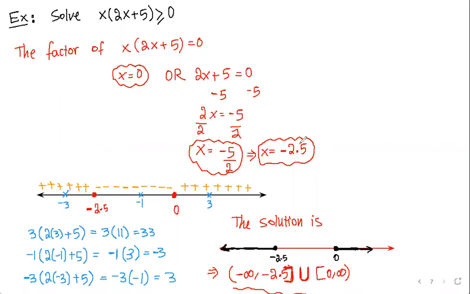Okay? Any question? This is how we draw the solution as a line, from minus infinity to minus 2.5, and from 0 to infinity.